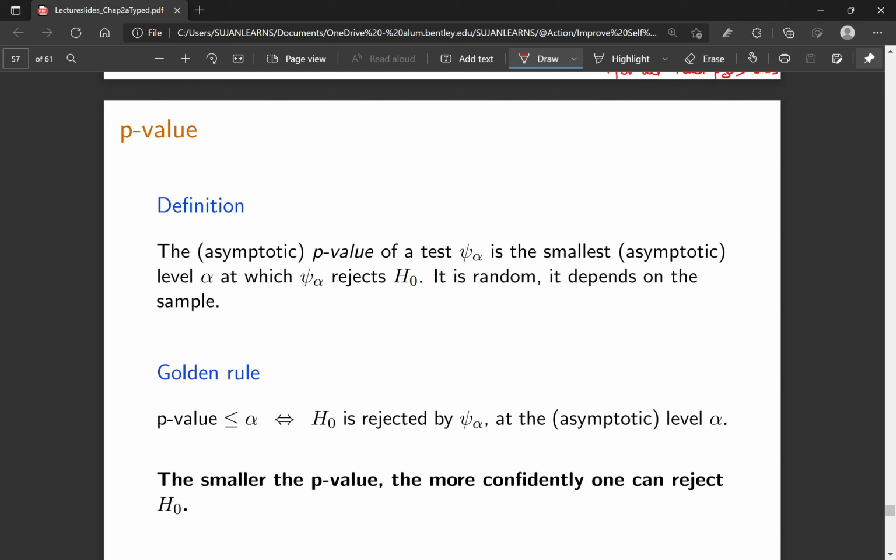The p-value is useful in the sense that it lives in the same space as alpha, and it gives information about whether we can still reject when alpha is 1%, 2%, 3%, 4%, 5%, etc. And having a smaller p-value gives more confidence that we are rejecting the null hypothesis.